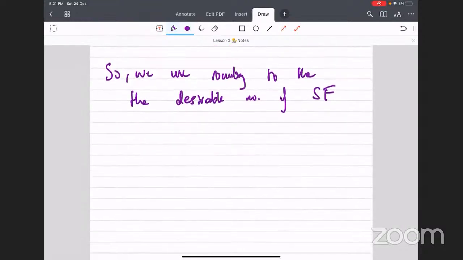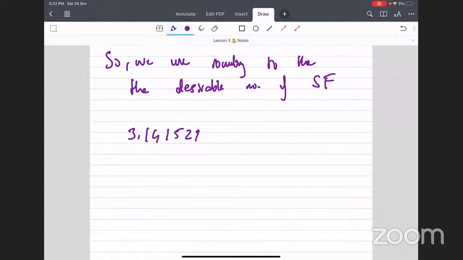So let me solve one question regarding the significant figures. Then we will sum up because I need to catch the pairs. So let's take pi, 3.141529. Write it to 3 decimal places.